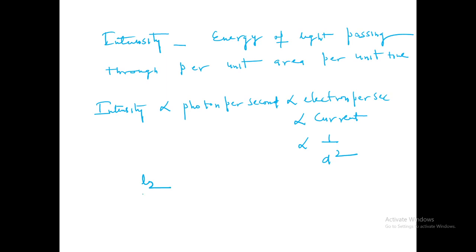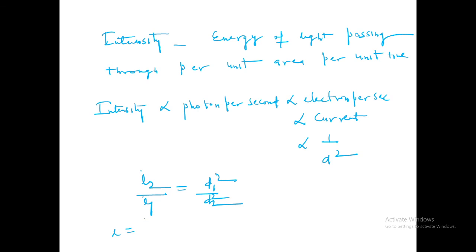So I2 upon I1 is equal to d1 square upon d2 square, where this is I1, this is I2.